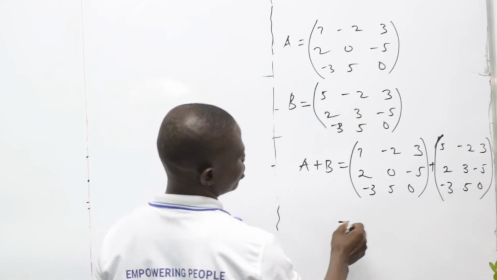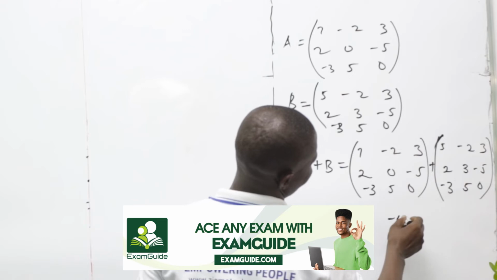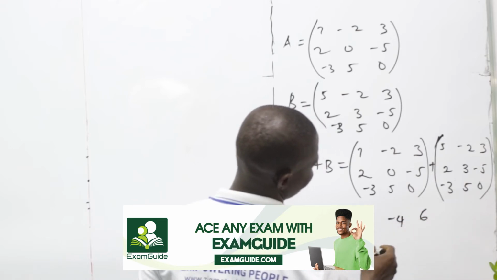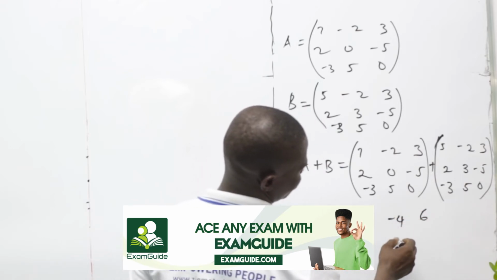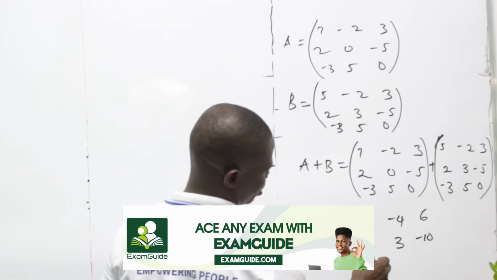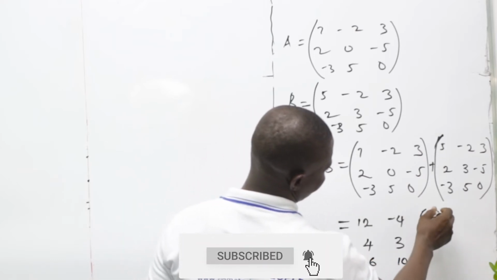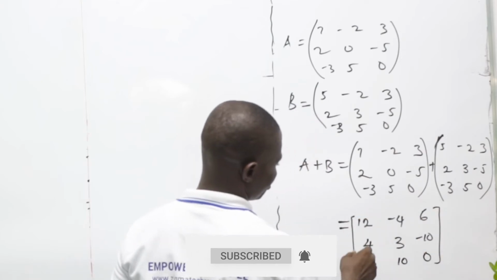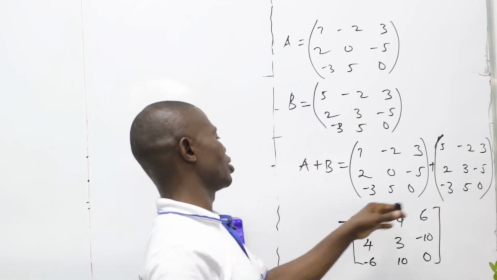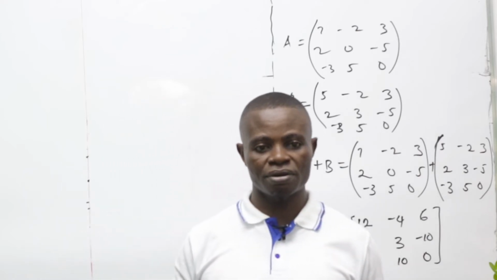Then you add: 7 plus 5 is 12, minus 2 minus 2 is minus 4, 3 plus 3 is 6, 2 plus 2 is 4, 0 plus 3 is 3, minus 5 is minus 10, minus 3 minus 3 is minus 6, 5 plus 5 is 10, 0 plus 0 is 0. So the solution is 12 minus 4, 6, 4, 3, minus 10, minus 6, 10, and 0.